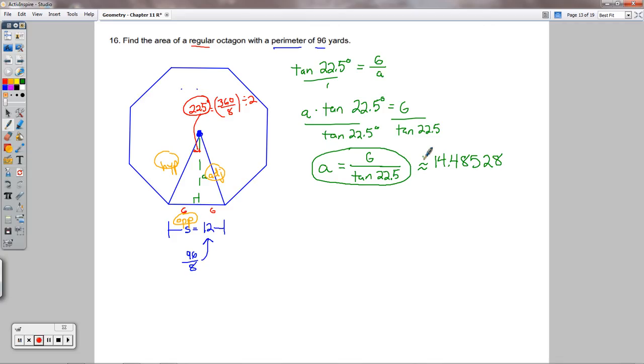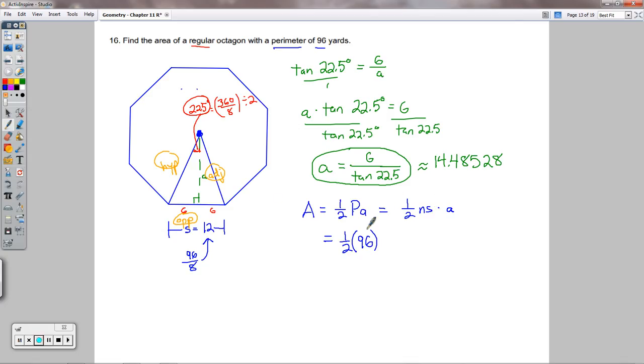So we know the area is going to be 1/2 of the perimeter times the apothem. You can think of it that way, or you can think of the perimeter as being the number of sides times the side length times the apothem. So either one of these formulas gives you the same thing in the end, whatever you feel better using. Since I already know the perimeter is 96, I'm just going to use 96 instead of 8 times 12.